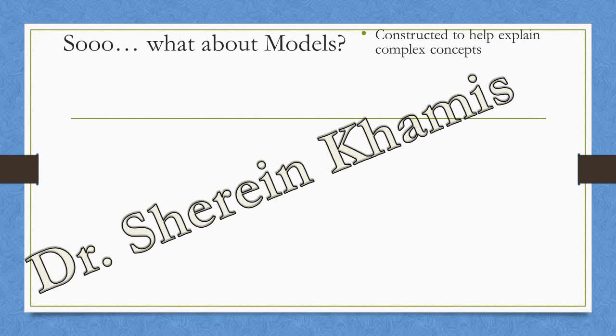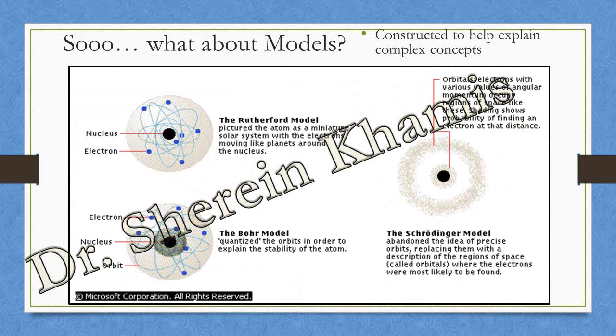So if we make a model, it means that we explain what was discovered in some points or statements that illustrate the discovery, but in a simple way. Okay, I collected all the models according to the questions. I think it's very important.